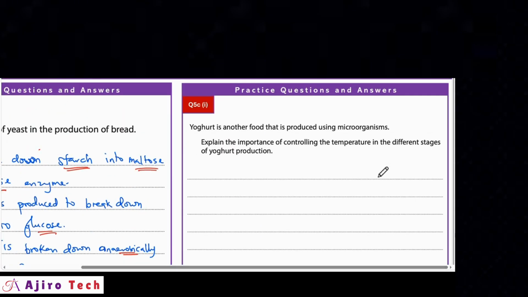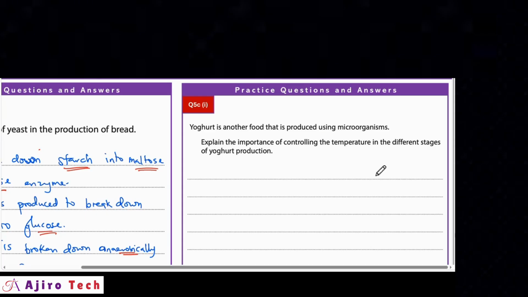Yogurt is another food that is produced using microorganisms. Explain the importance of controlling the temperature in different stages of yogurt production. One important process in yogurt production is called pasteurization.